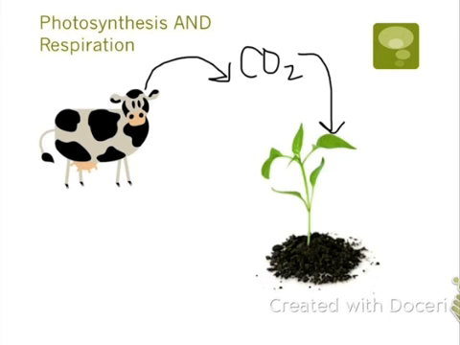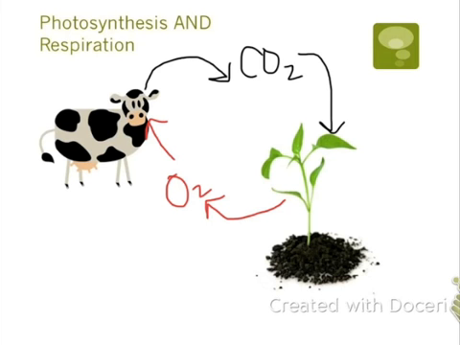Now, during photosynthesis, the plant releases oxygen, which is inhaled by the organism. So we have an interesting little relationship here where cellular respiration produces carbon dioxide, which is used by the plant during photosynthesis. During photosynthesis, the oxygen is released by the plant and used by the cow during cellular respiration.